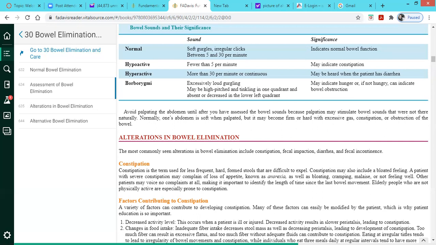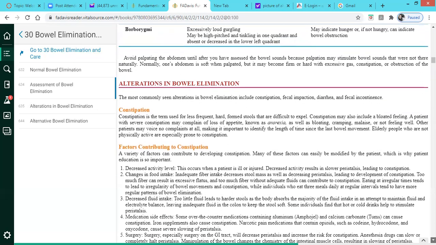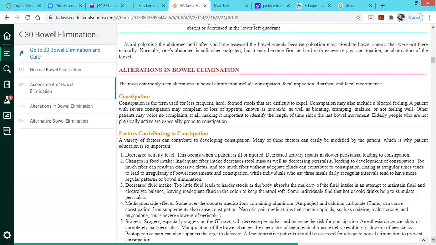It talks about changes in food intake, where an individual is not consuming enough fiber. And we know fiber works as a laxative. Fiber has an impact on peristalsis. Decreased fluid intake can contribute to constipation.